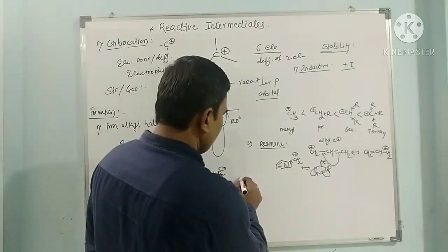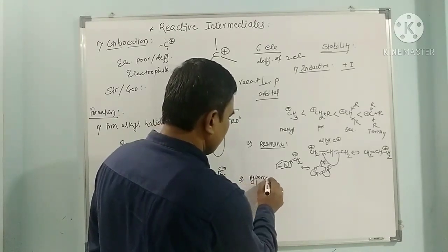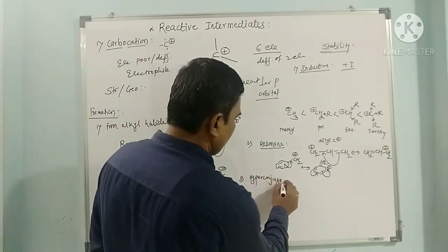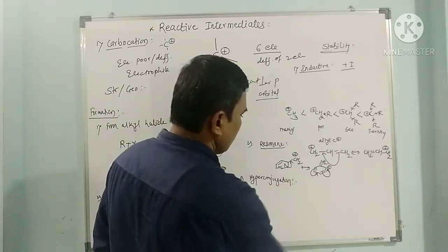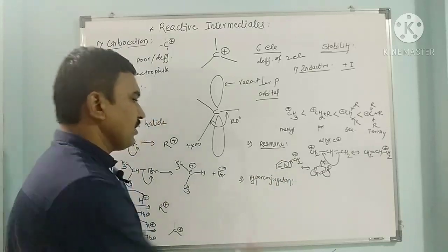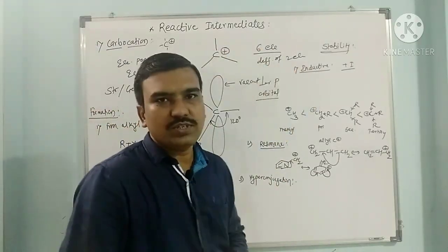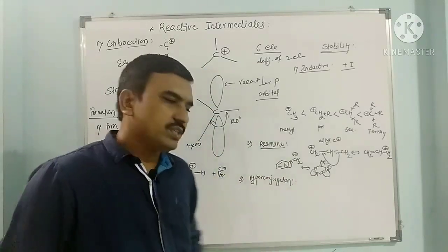Now the next is that a carbocation can be stabilized by hyperconjugation, as we have discussed in the electromeric or electronic effects. So what is hyperconjugation? It is the delocalization of the sigma C-H bond towards the alkene or towards the positively charged carbon.